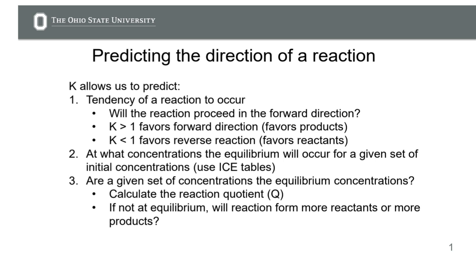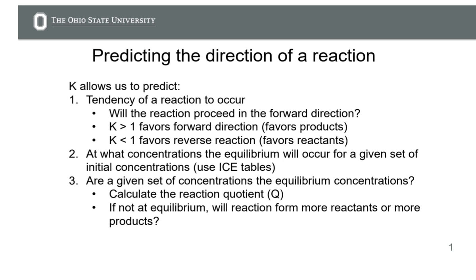There's more products at equilibrium than reactants. If K is less than 1, this favors the reverse reaction, or it's reactant favored, more reactants at equilibrium. If we want to figure out concentrations of various substances at equilibrium, we'll use our ICE tables. So we use concentration in these tables. Look at the change during the reaction based on the stoichiometry, that kind of thing.